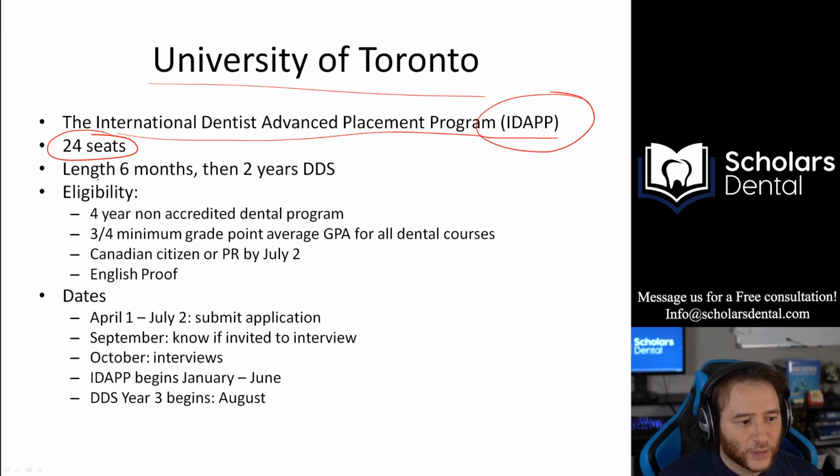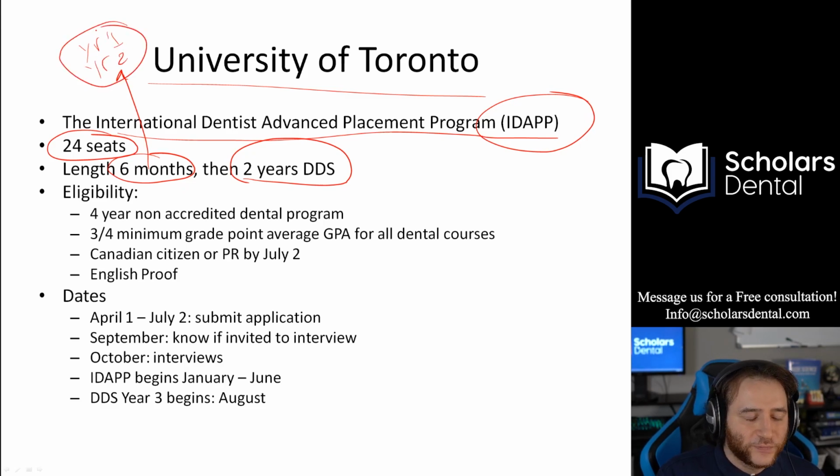Every cycle. The length of the IDAP itself, or the initial program, is 6 months, plus the 2 years of dentistry that you have to do in the university. So the way the University of Toronto works is that you do 6 months where you do a crash course of year 1 and 2.